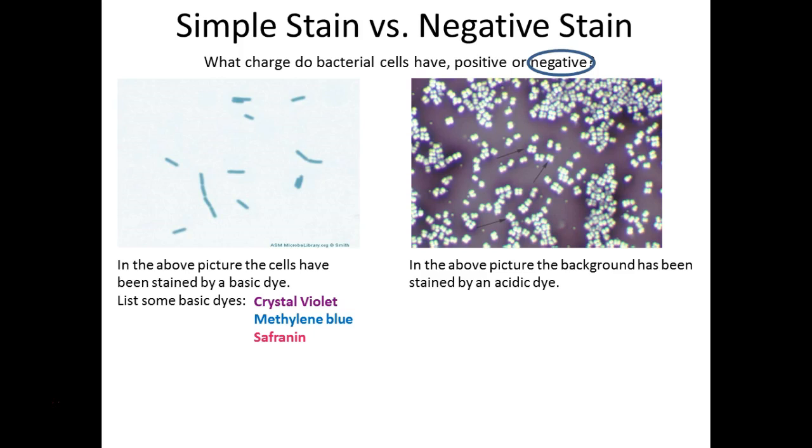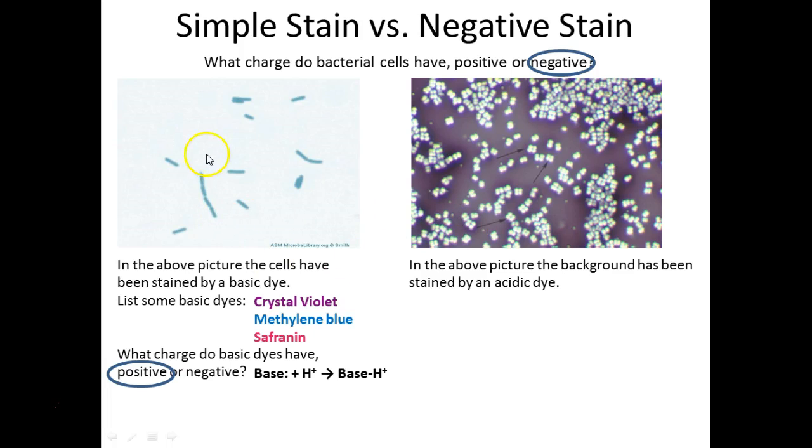There's only 2 exceptions. They're the most widely used. Because what charge do they have? They're positively charged. So they stain the cell, but why? The cell is negatively charged. The dye is positively charged.